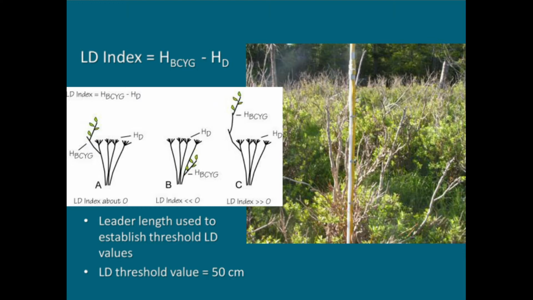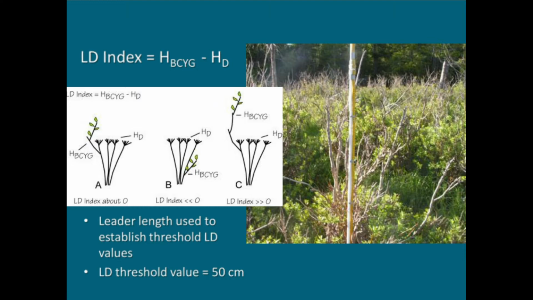Height of dead here, this is your zone of mechanical protection. And we have your base of current year growth at the very bottom here. This plant is unlikely to grow out of the browse zone. And I refer to the browse zone as a defined area that ungulates are likely to browse in.